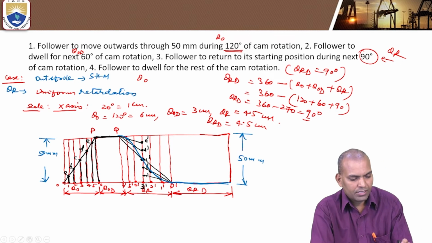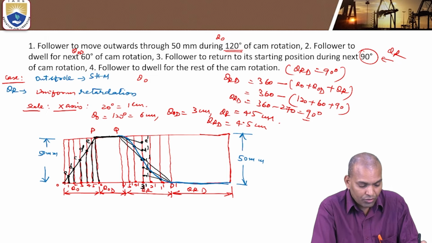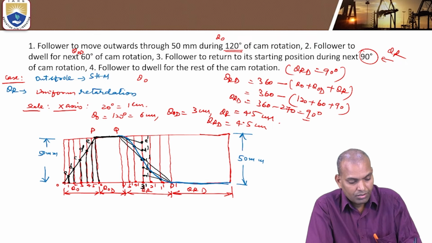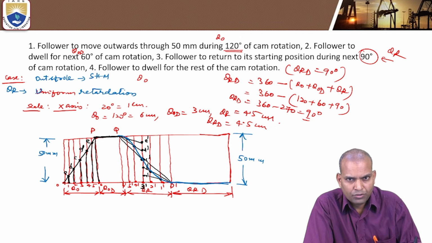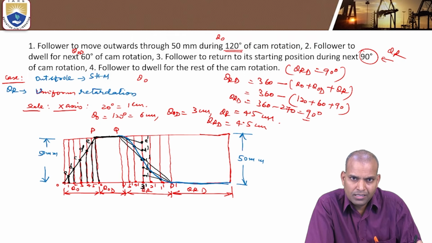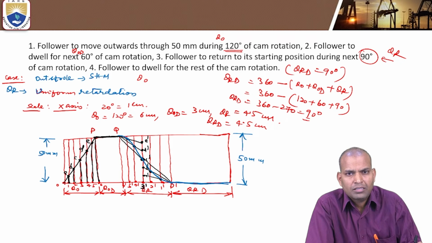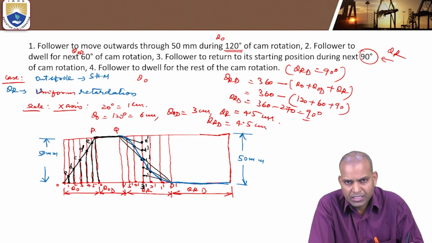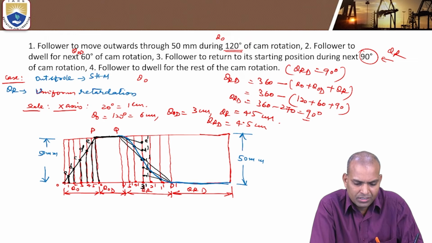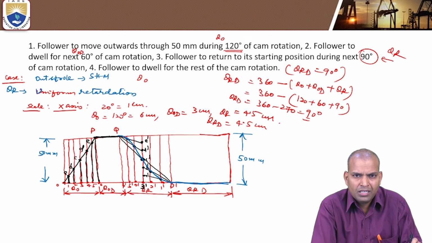How to draw this case? Again, take a scale on the x-axis; 20 degrees equal to 1 centimeter we considered here. You can take 10 degrees equal to 1 centimeter, or a smaller scale, and the size of the displacement diagram will increase.